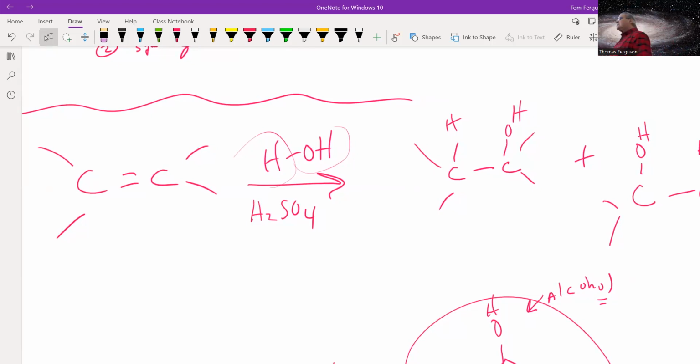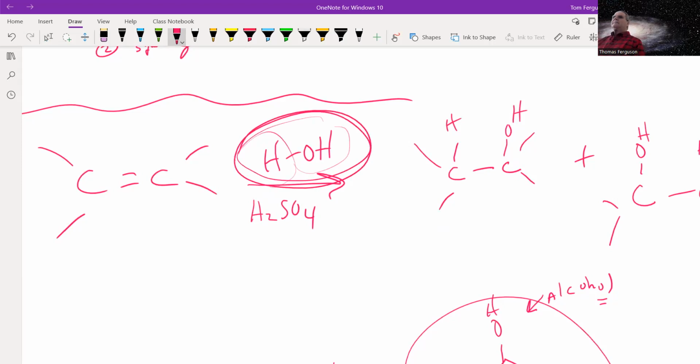Now, something similar to HCl is if we add water across the double bond. I want you to think of water not as H2O, but as H-OH. So really, we're adding a hydrogen and we're adding an OH across the double bond.